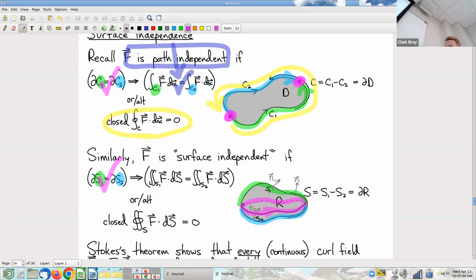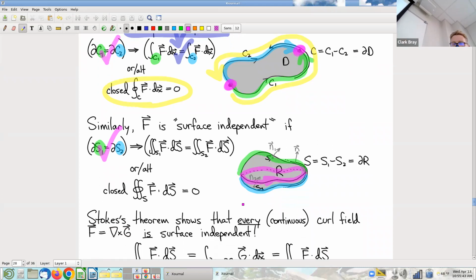Imagine if, whenever this scenario happens, if two surfaces have the same boundary curve, it would follow in every such case. Wouldn't it be nice? It's almost too much to ask, but what if in every case of that, the fluxes through these surfaces were always equal?